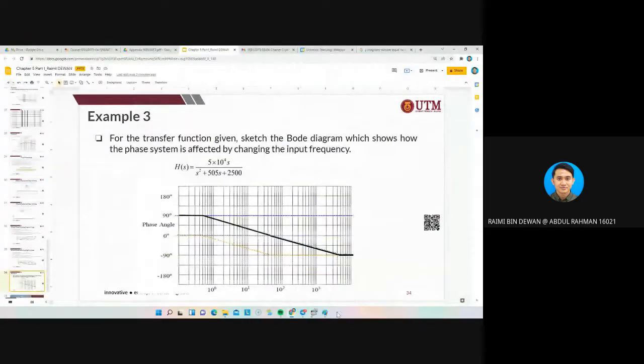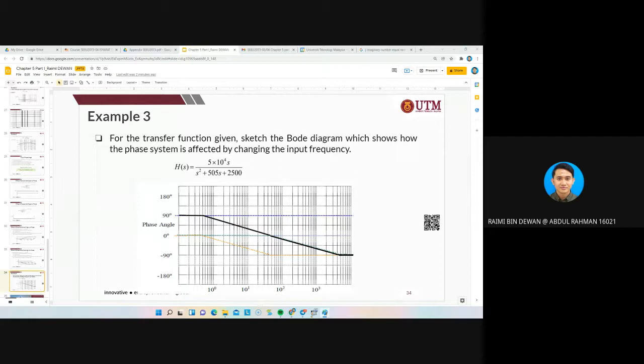Maybe I try to give some idea, and you guys can try at home. Let me draw first here. So H(s) equals 5 times 10 to the power 4 s over s squared plus 505 s plus 2500.